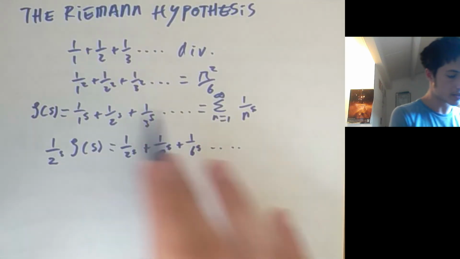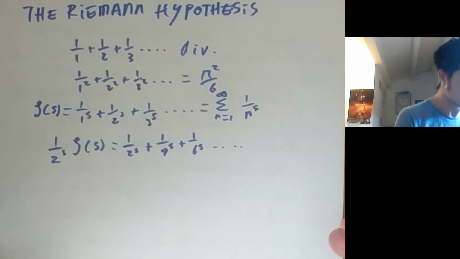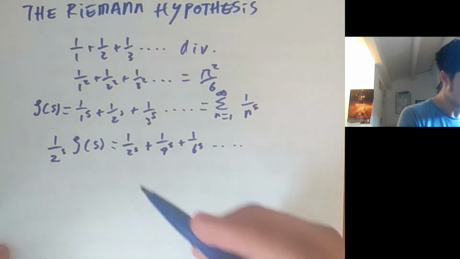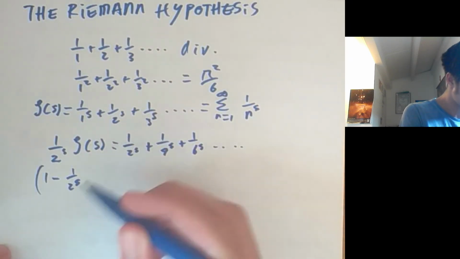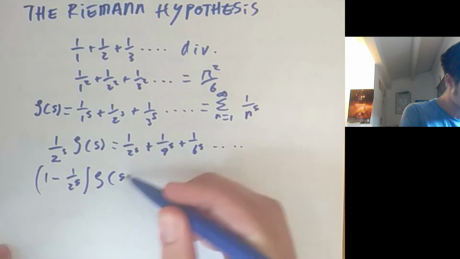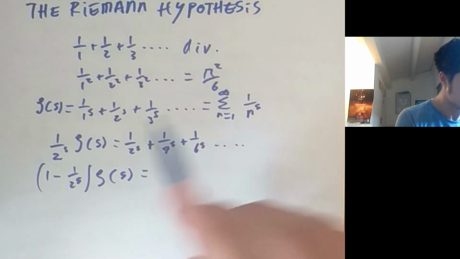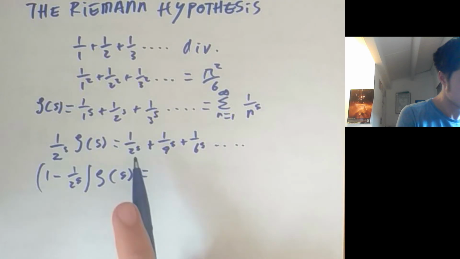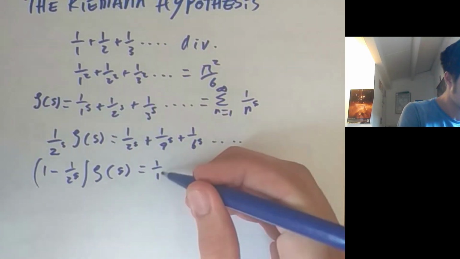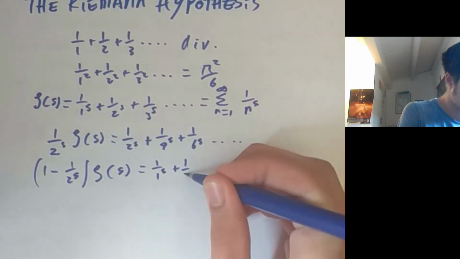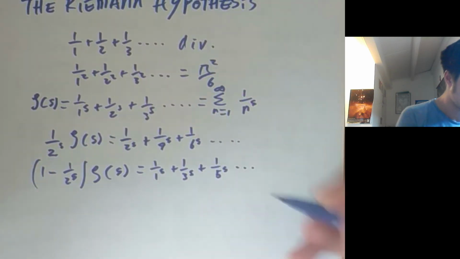So if we take this first sum and subtract this second, we see that 1 minus 1 over 2 to the s, times zeta of s, is going to be equal to 1 over 3 to the s plus 1 over 5 to the s, etc., because we've got all the even terms and we subtract them, so we only leave the odd ones.